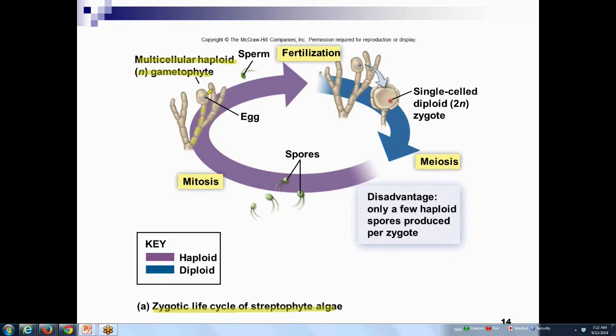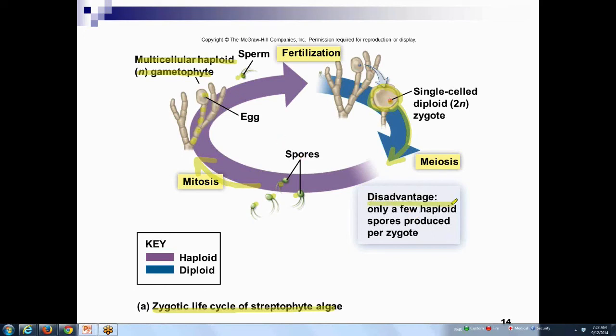And then we have the egg, we have sperm, they fuse to make the zygote. The egg and sperm would have just been cells that broke off from the algae. And then the two fuse to form this thick-walled zygote. Then the zygote goes through meiosis, and then you produce lots of spores, which are haploid, and then the process repeats. The haploid spores will develop into the algae body, which is primarily haploid, right?